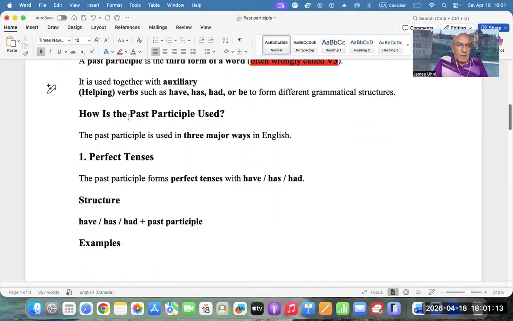So I will write this one in blue like everywhere else, so you will remember it. The perfect tense, that I will write in purple.